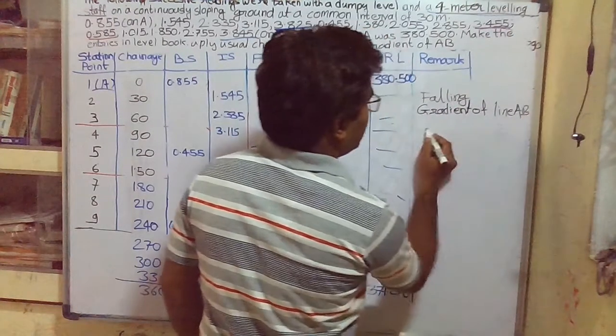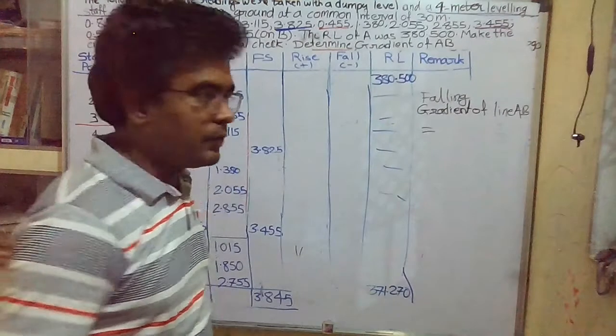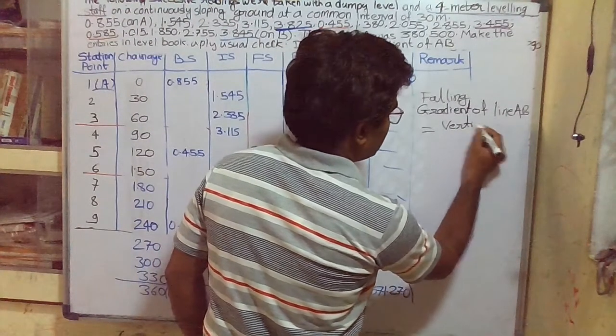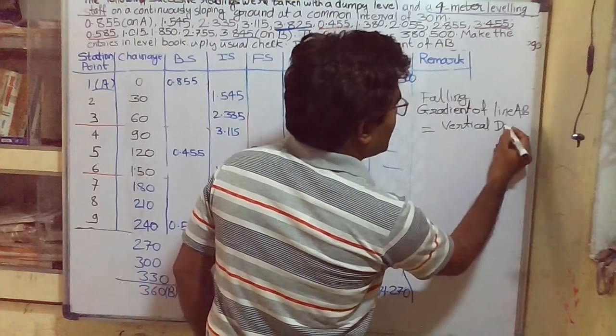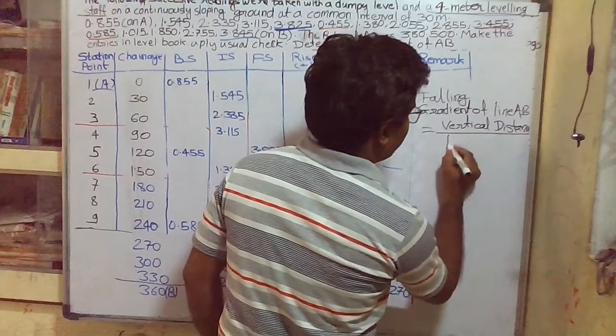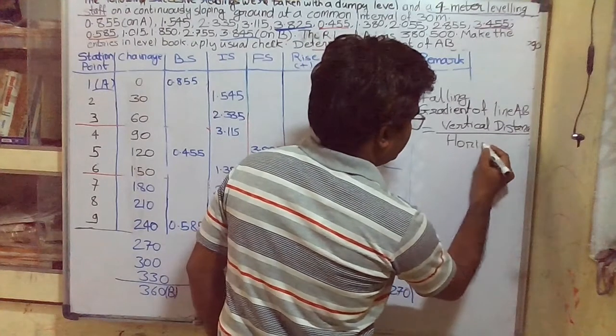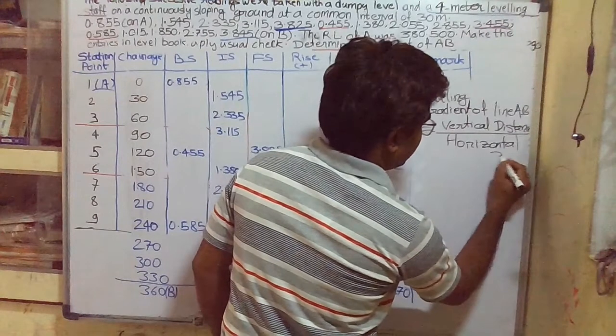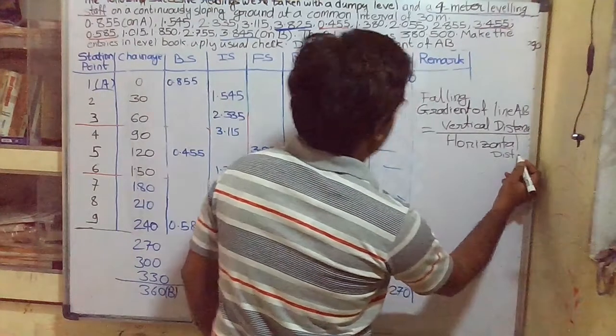line AB is equal to, what is the formula we have? Vertical distance upon horizontal distance. And what is the vertical distance?